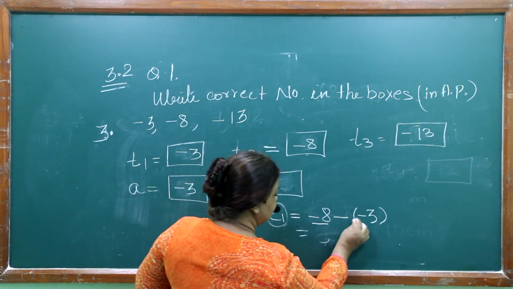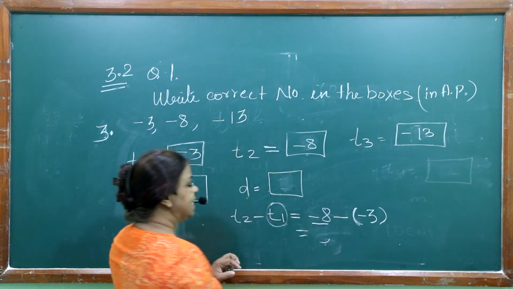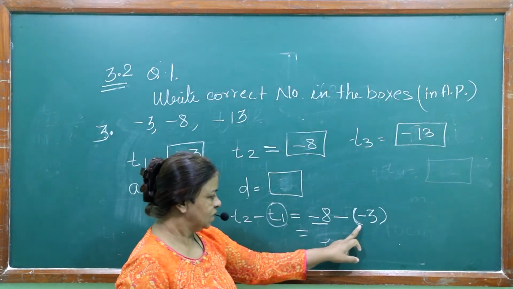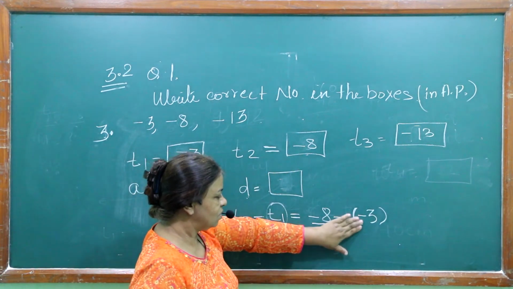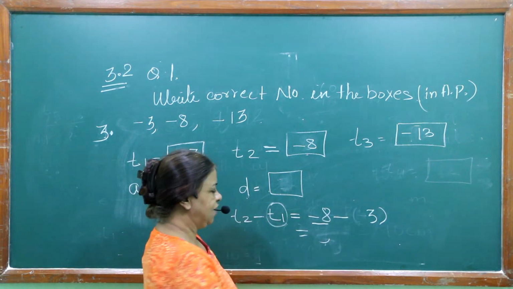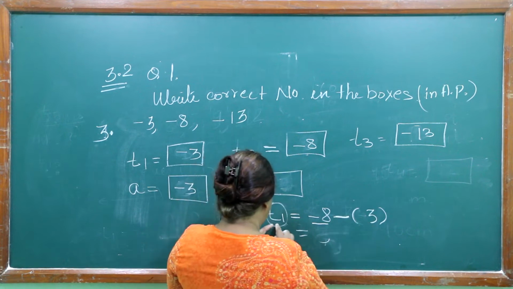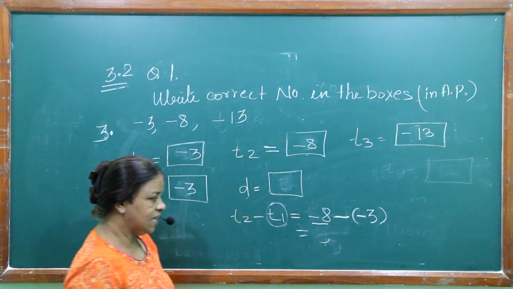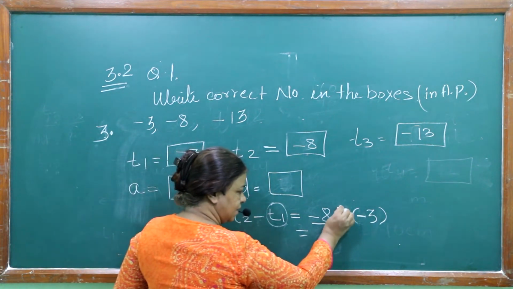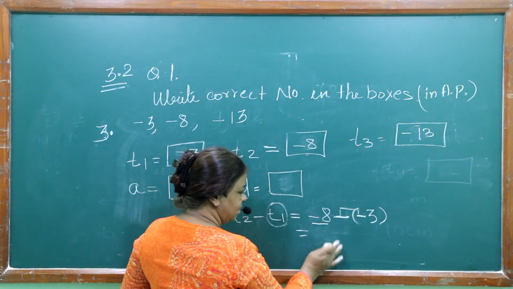Here is the mistake usually made by the children. They will consider only this minus. Actually, this minus is of this formula and T1 is minus 3. So when I open the bracket, minus minus will become plus.